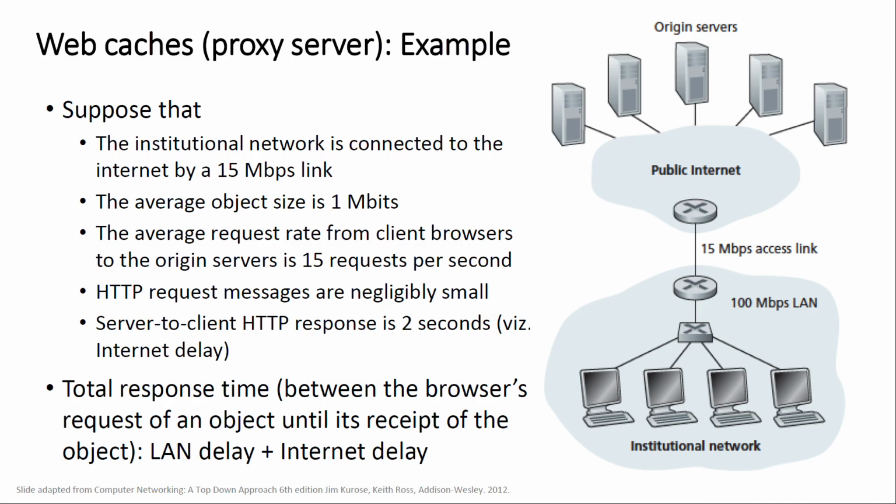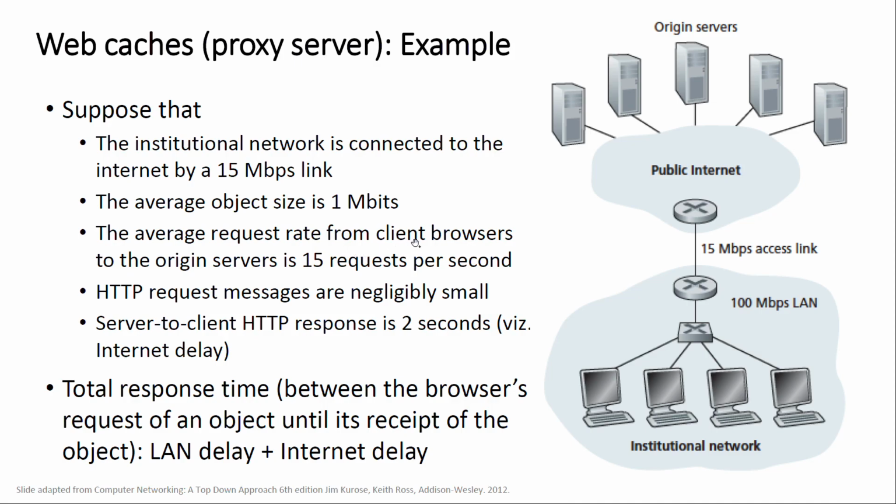Let's give an example of why we may need a web cache. Suppose that the institutional network is connected to the internet by a 15 megabit per second link. You have a local area network, and here is the public internet, and your outward connection has a capacity of 15 megabits per second. The clients are requesting objects with an average size of 1 megabit.